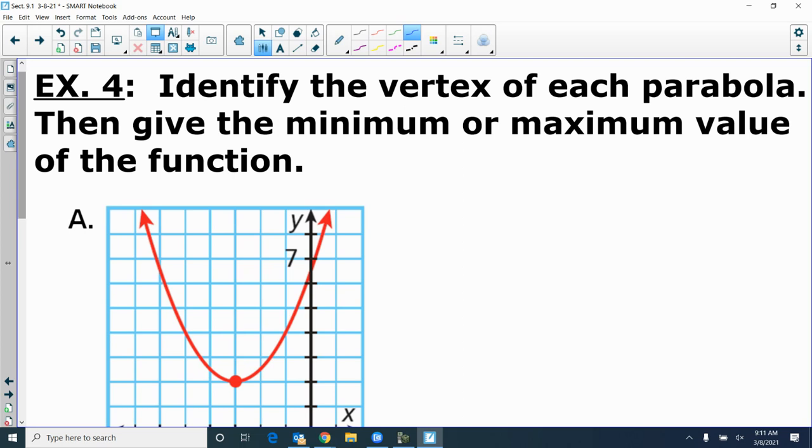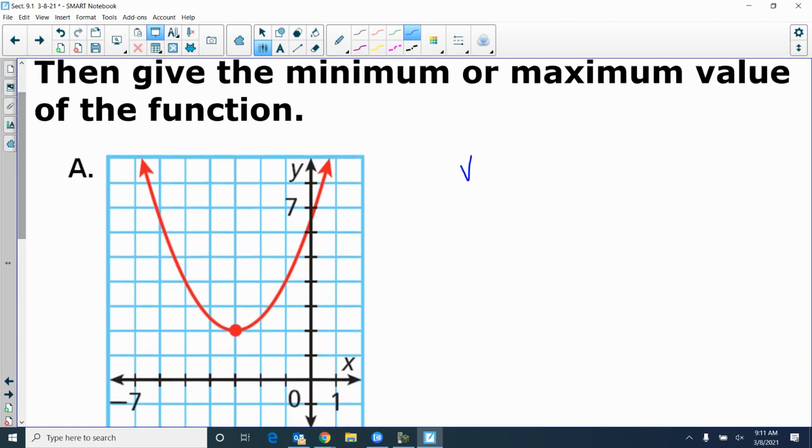Sam, what would be the vertex for part A there? Is it 4, 3, or 4, 2? Oh, I meant negative 4, 2. Okay, that sounds a lot better. Vertex, negative 3, 2.